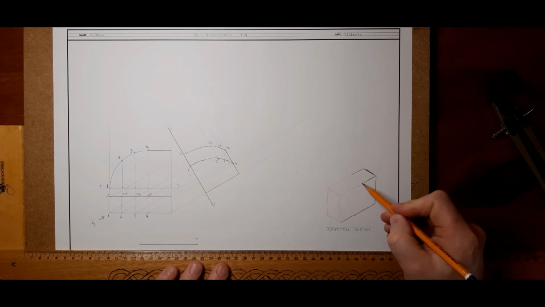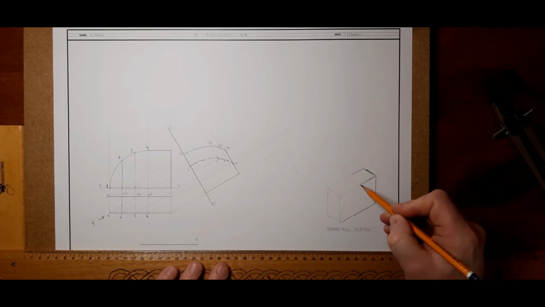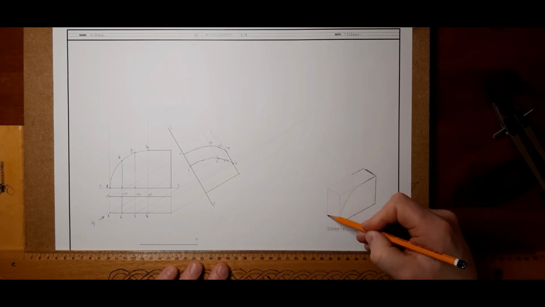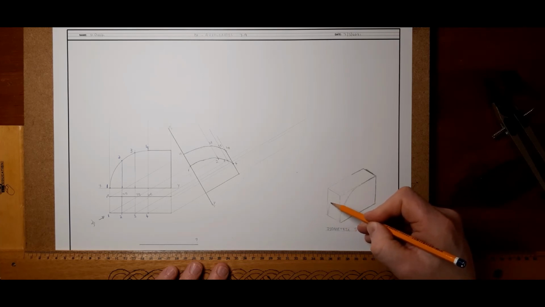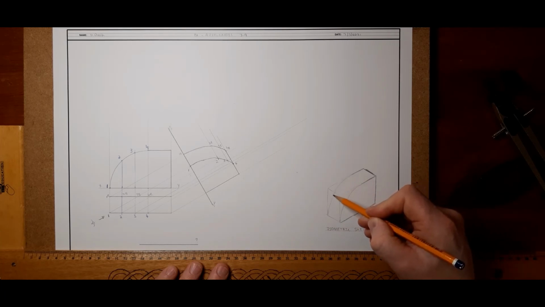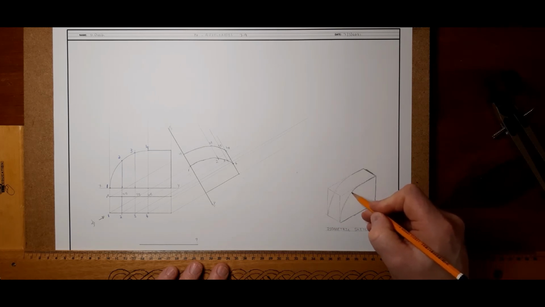And then when you think you're out far enough, you can draw in a freehand curve. Now try and keep the freehand curve similar to this one. It's just slightly slid over a bit. And again, when you're happy enough, then you can go that bit heavier.